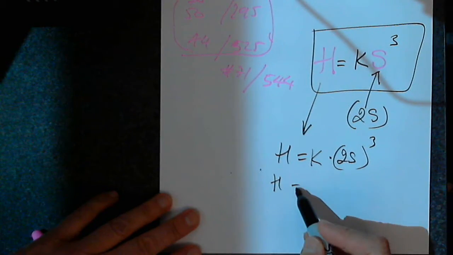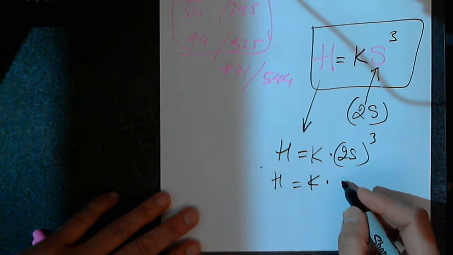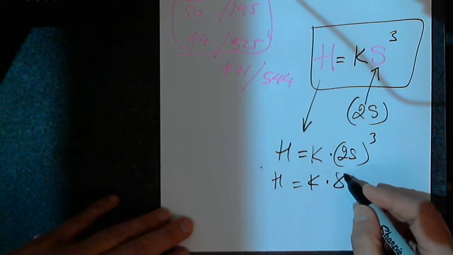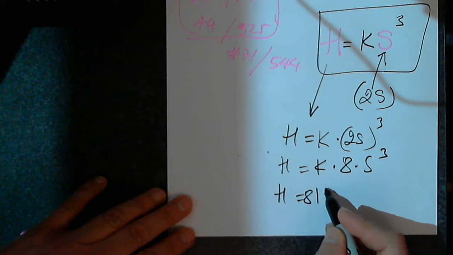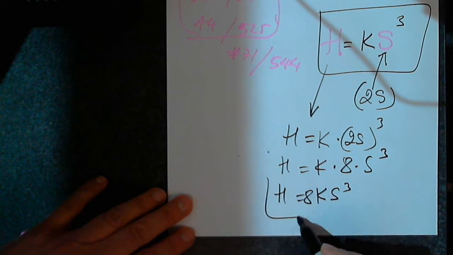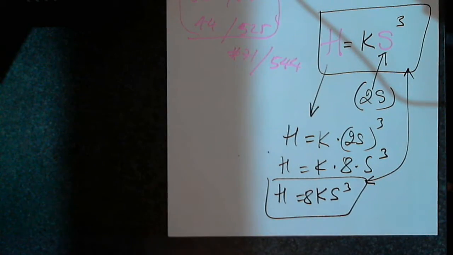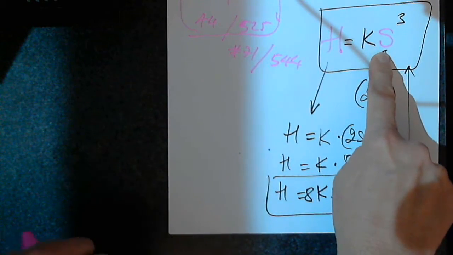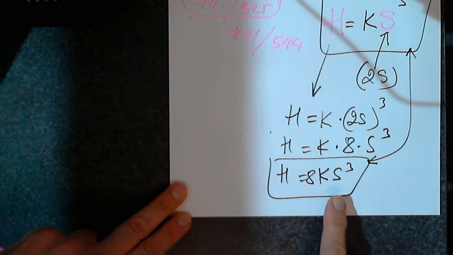Very good. So then H equals K multiplied by, you have to eliminate parentheses, right? Of course. 8S cubed. So then H equals 8KS cubed. And now compare these two. This one is the horsepower with S, but this one is the horsepower with S doubled.